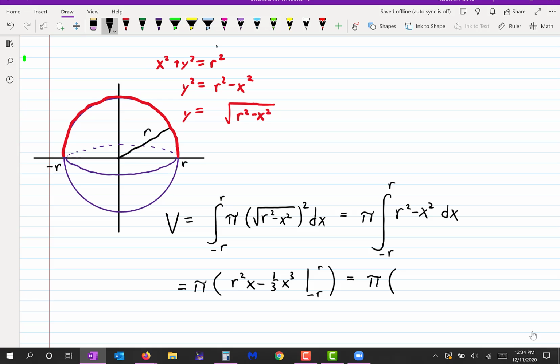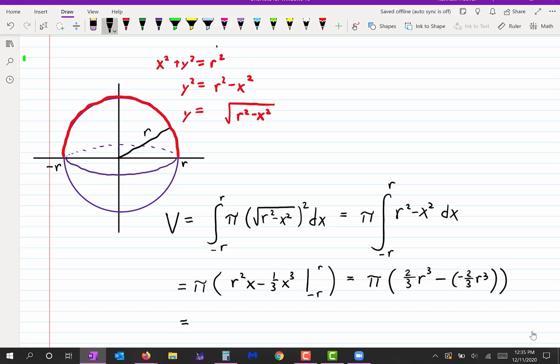So that would be pi times, so plug in r. Do you see that you'll get r cubed minus 1/3 r cubed? So that would be 2/3 r cubed, and then minus, and now plug in negative r, and we'll get negative 2/3 r cubed.